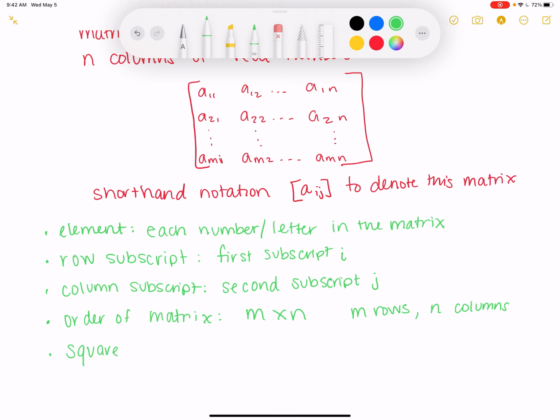A square matrix is where M is equal to N, so there's the same number of rows and columns.